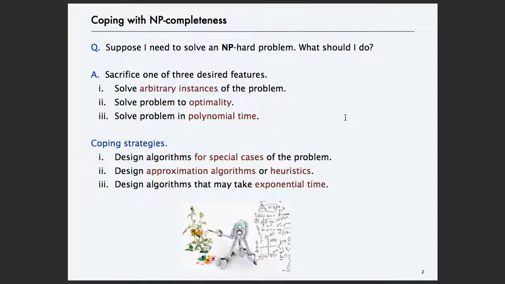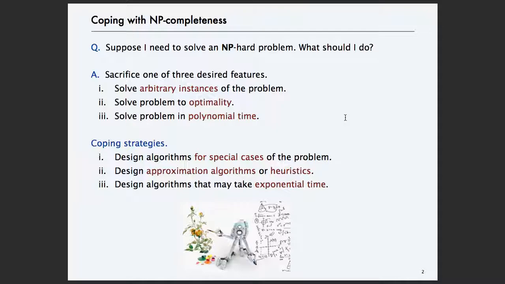Well, I almost know that there is no polynomial time algorithm that would solve arbitrary instances of the problem, right? Optimally. So I need to give up on at least one of the three. Either I don't solve arbitrary instances, or I don't solve optimally, or I don't do it in polynomial time.